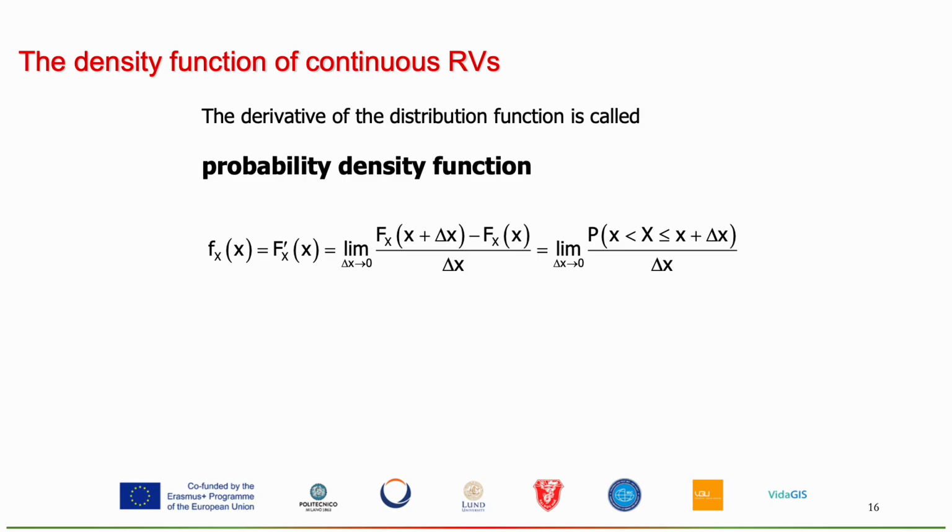It is defined with the symbol small f of x, and it is defined as the limit for delta x that tends to 0 of capital F evaluated in x plus delta x minus capital F of x over delta x, or, if you prefer, the limit for delta x that tends to 0 of the probability that the random variable is comprised between x and x plus delta x divided by delta x.